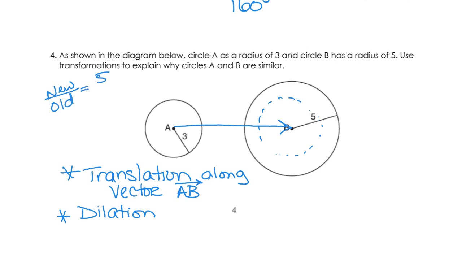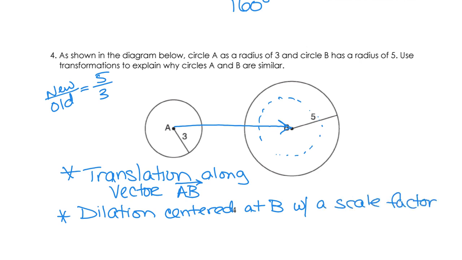Our new radius is 5, our old radius is 3, so we would have to dilate it 5/3. Okay, that would be our scale factor. So a dilation centered at B with a scale factor of 5/3. Okay, so there are our transformations.